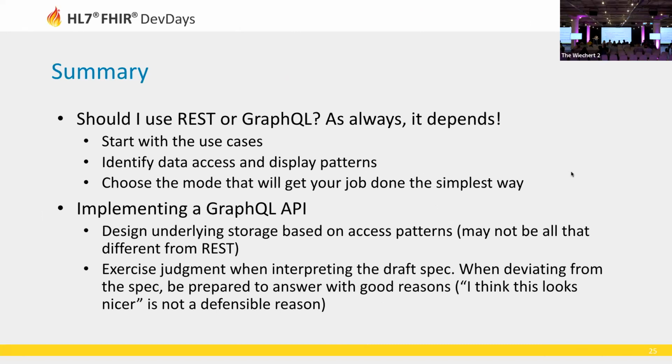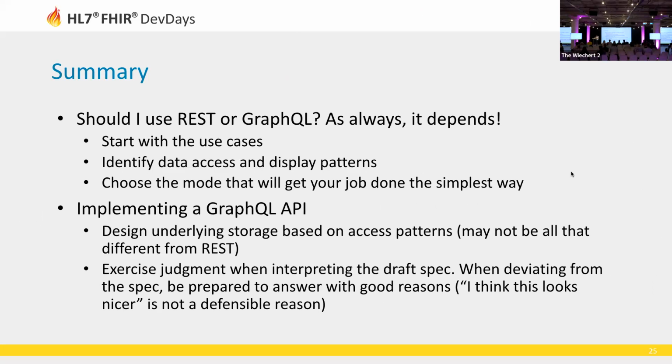All right, so this is the end of the presentation. Just to summarize, if you're deciding if you should use REST or GraphQL, it always depends, as always. Look at your use cases, look at your data access patterns, and decide if one of them is easier for you or not.